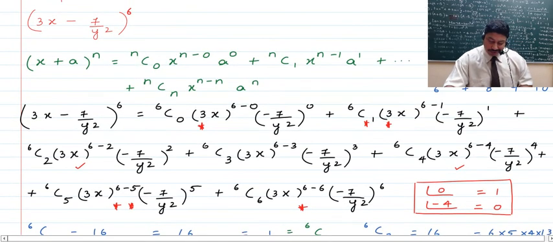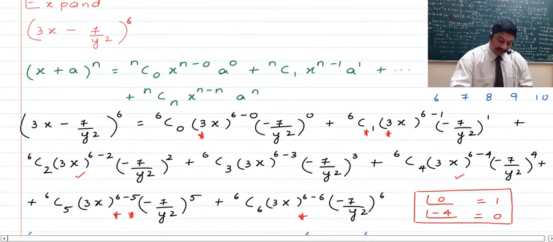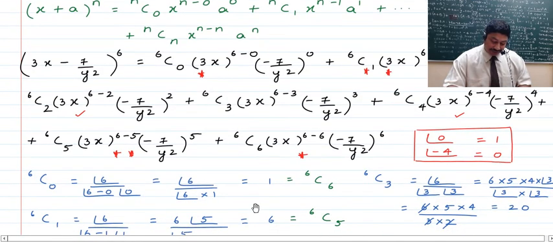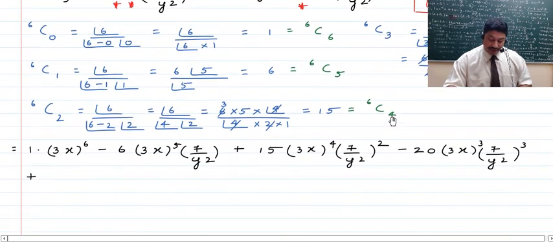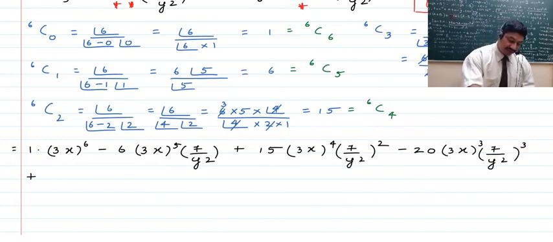It is equal to the value of 6c2, right? If we talk about the value of 6c0, it will be equal to 6c6, 6c1 is equal to 6c5, 6c2 is equal to 6c4. So now that we are talking about the next term, which is the fifth term, it will have the binomial coefficient the same as 6c2, so that will become equal to 15, right?